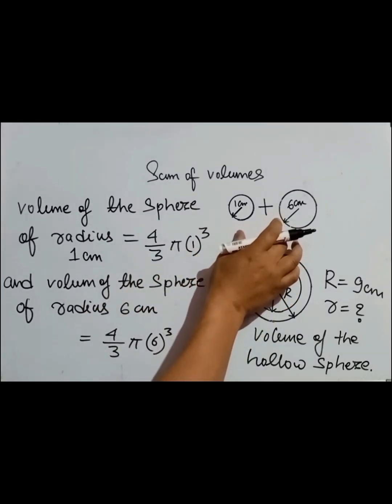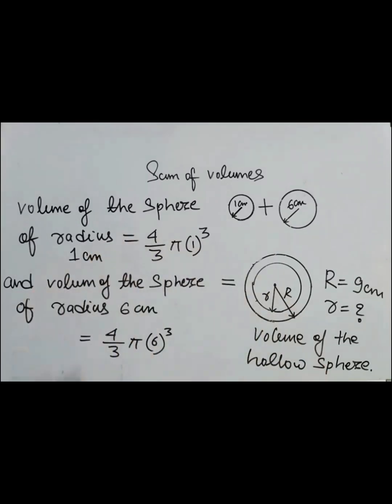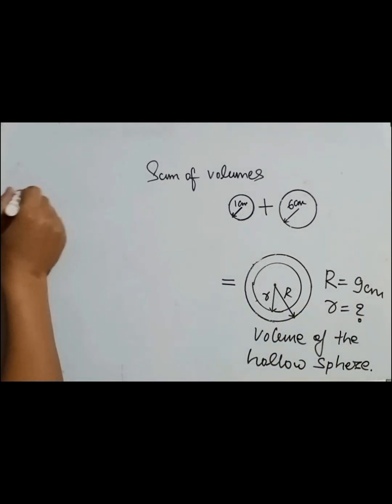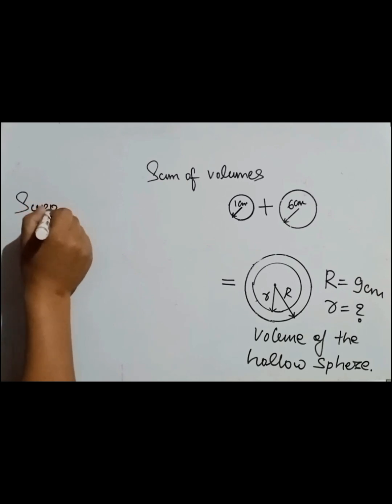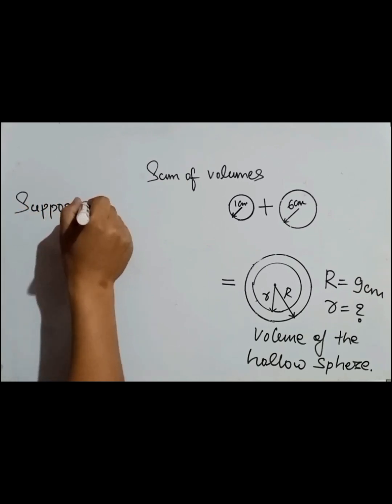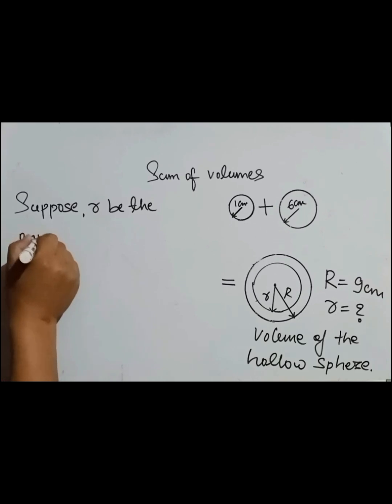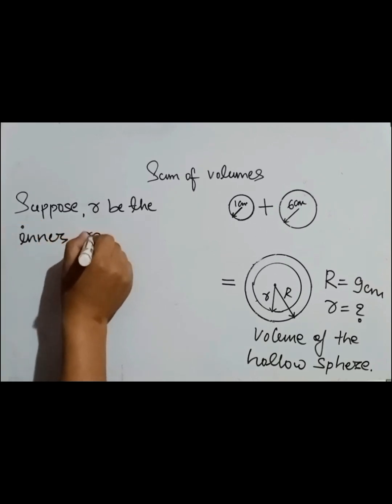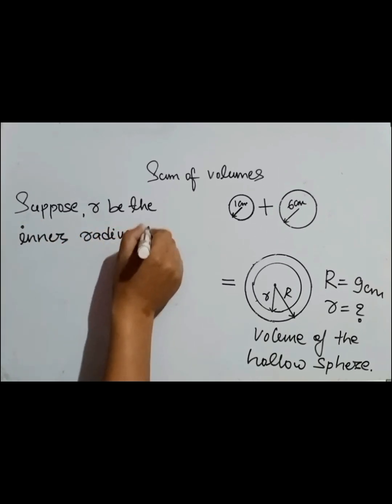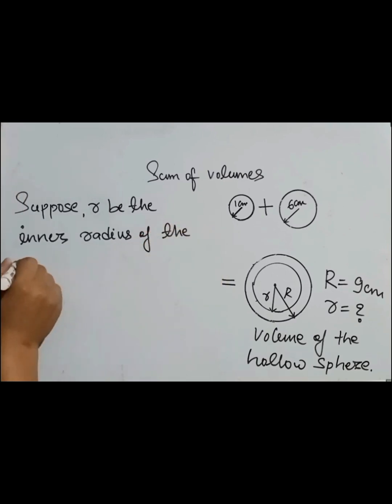Now the sum of the volumes of these two spheres is equal to the volume of the hollow sphere. In the case of this hollow sphere, the outer radius is given, that is 9 centimeter. We have to find the inner radius, so let us suppose that the inner radius of this hollow sphere is r centimeter.